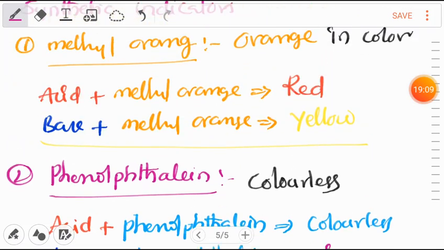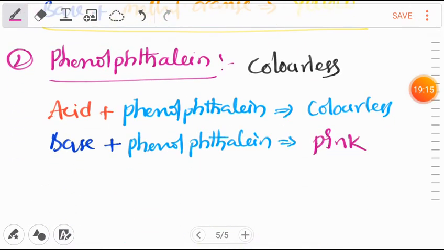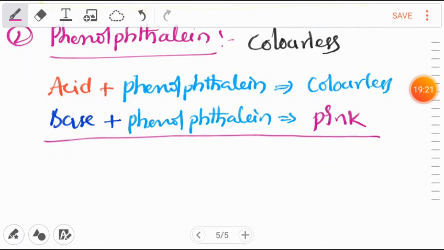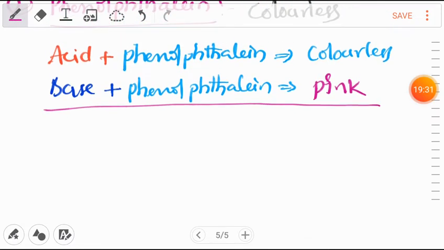So these two are very important: methyl orange, acidic medium red, basic medium yellow, and phenolphthalein, acidic medium colorless, basic medium pink. These two are frequently asked in the exams. Next, they ask you one question.